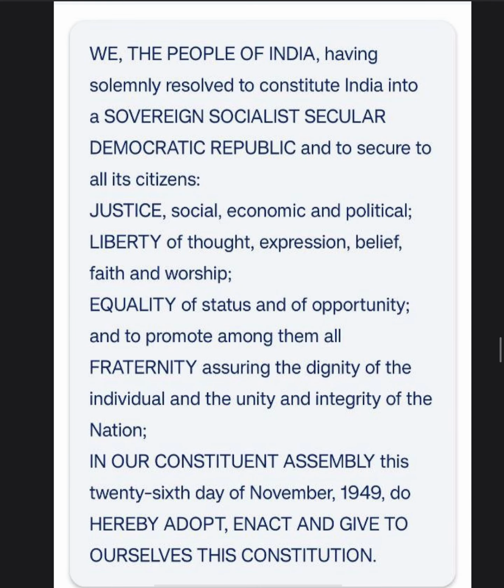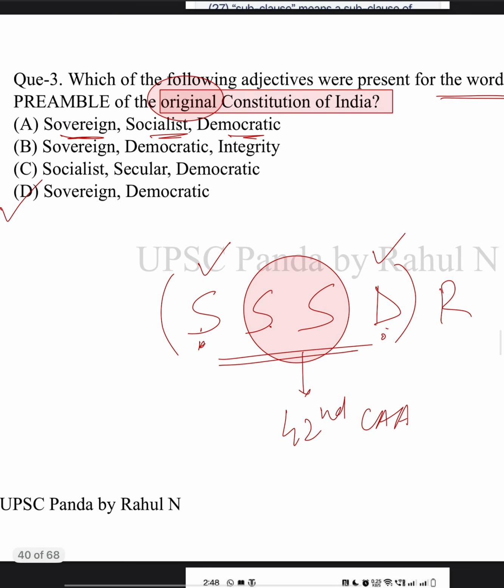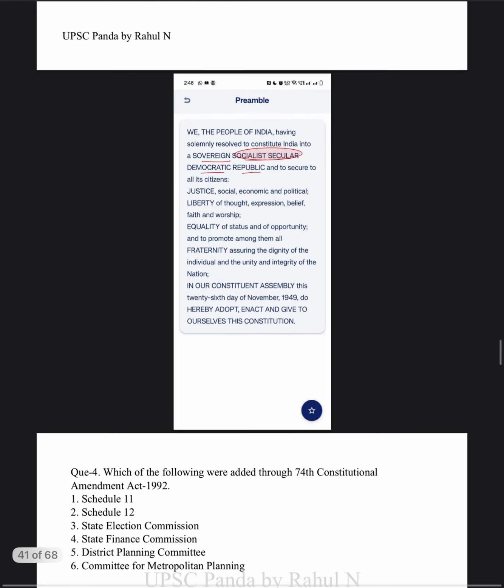See, this is the preamble, the sovereign, socialist, secular, democratic republic. So these two words were added later on through the 42nd. एक बार इसको पढ़ लेना. And one more thing I want to show, that the integrity word is not an adjective to the republic. तो ठीक है, that is what it is.